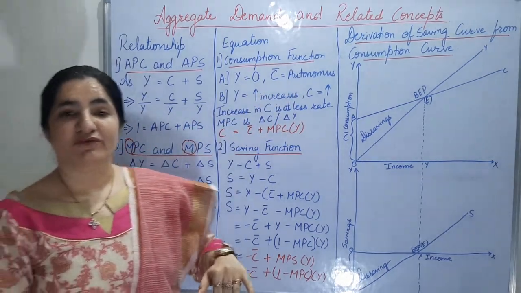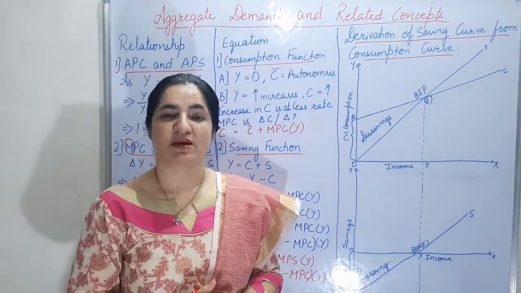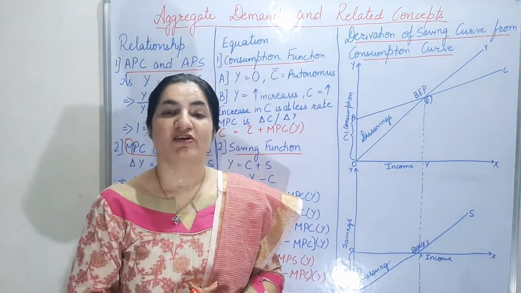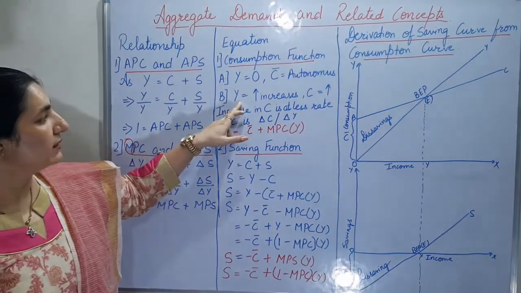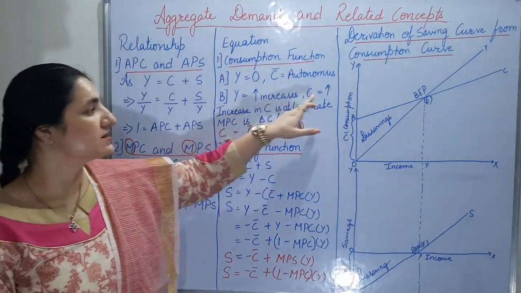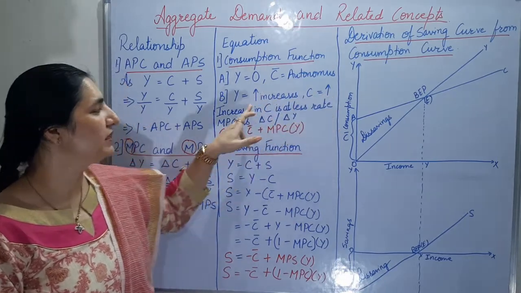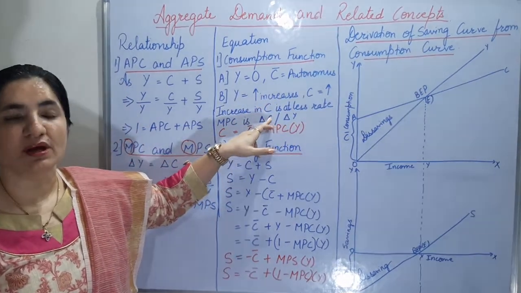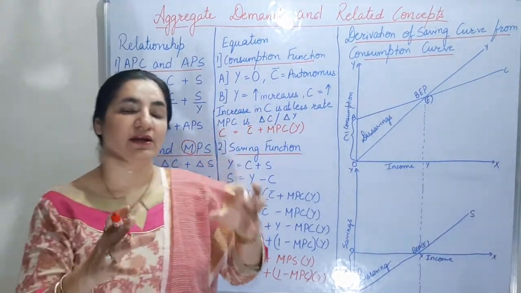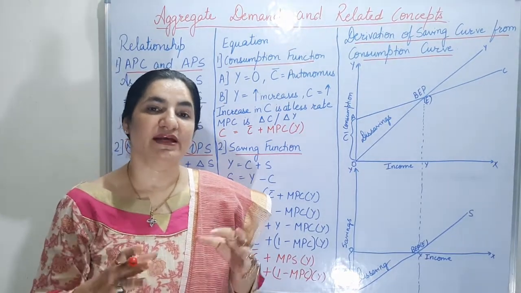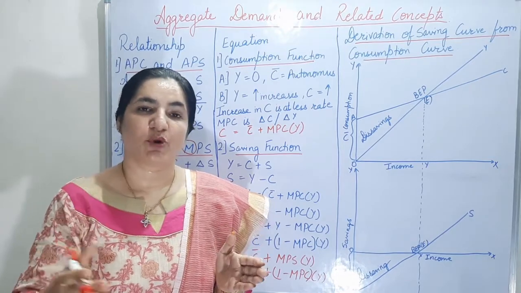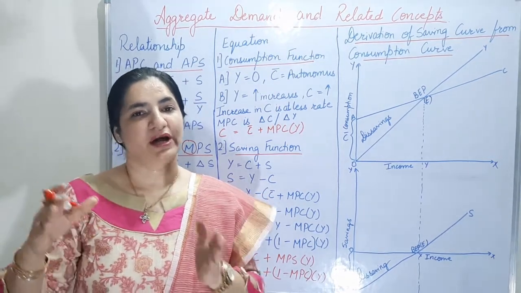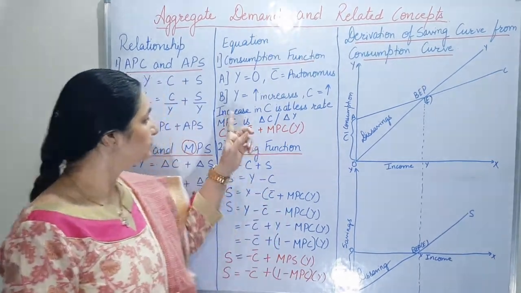The second part of consumption is induced consumption. Induced consumption means that which gets affected by income. When income increases, consumption will also increase, but the increase in consumption is at a lower rate than that of income, because as income keeps increasing, a part of income will be saved.